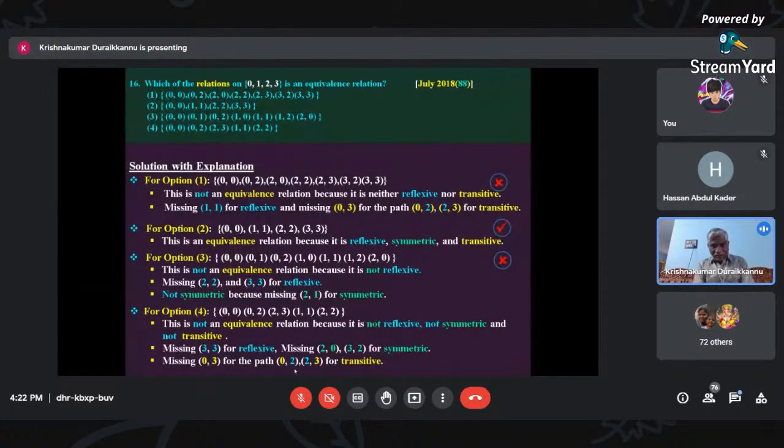Not symmetric because (2, 3) is present, (3, 2) is not present; (0, 2) is present, (2, 0) is not present. For transitive, (0, 2) is present, then (2, 3), that is (A, B), (B, C), so (A, C), (0, 3), is not present. So it is not transitive.